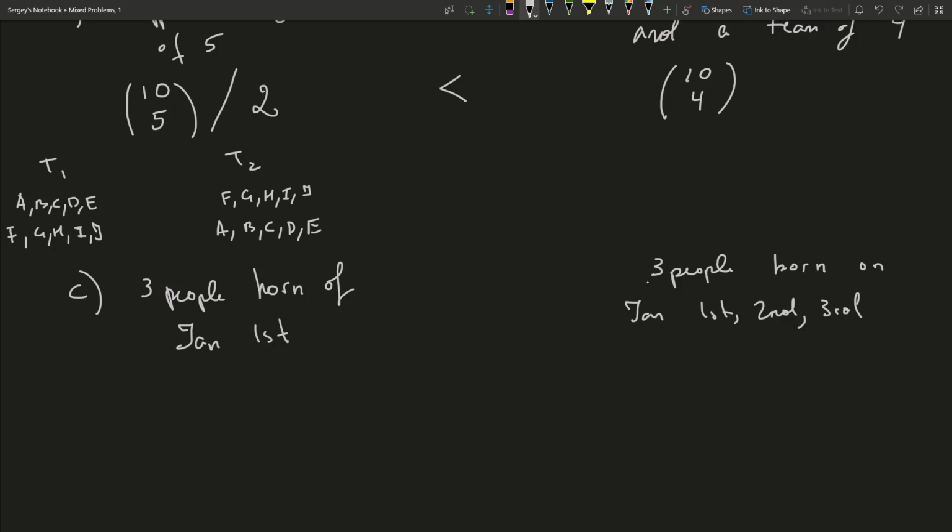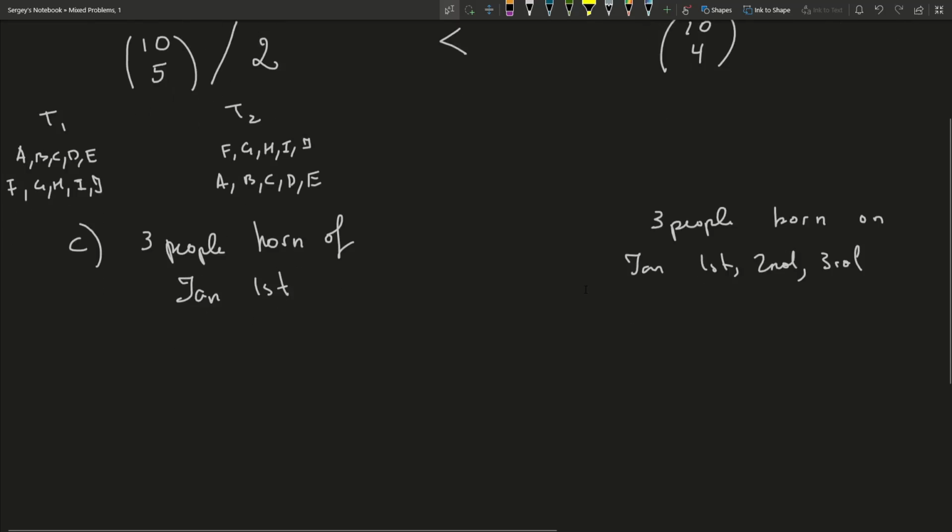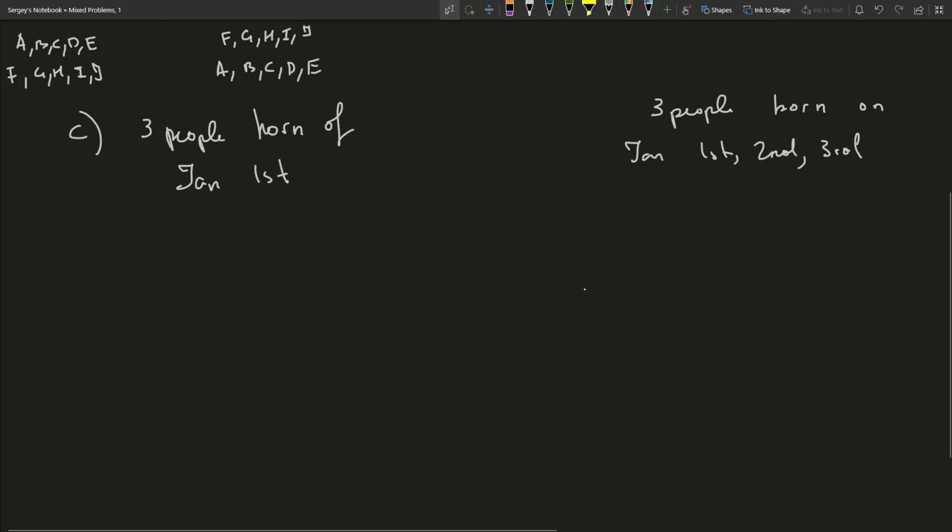So the first person is born on January 1st, the second person on the 2nd, the third on the 3rd. So notice that each of the 3 people has 365 choices of days to be born on. So the number of triplets of these birthdays is 365 to the 3rd power, and each triplet is equally likely. So the probability that 3 people are born on exactly January 1st is 1 out of 365 cubed.